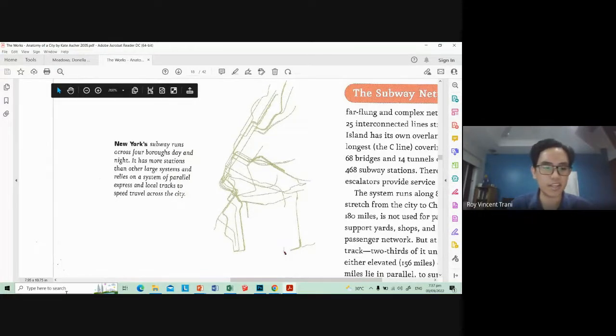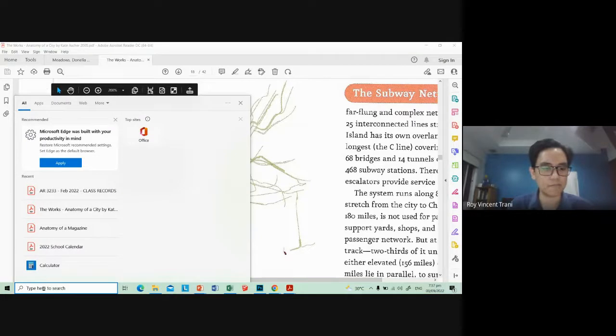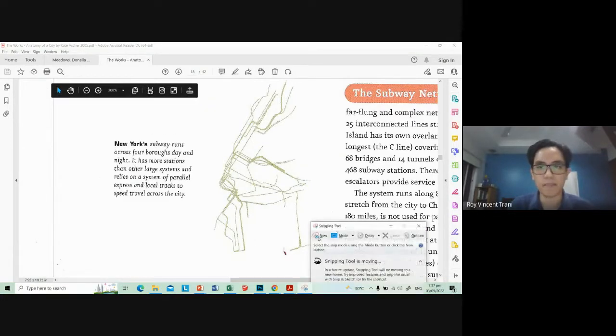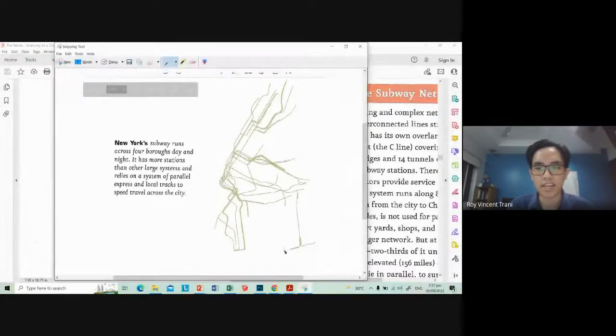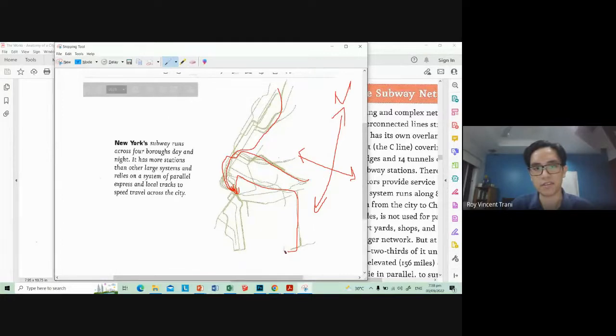So if you see here, I'll just take a snip. So the beginning of the service goes here and then goes to the city center, something like that into there. So it's mostly north-south movement and just a bit of east-west. I think this image is oriented north, so north is up here.